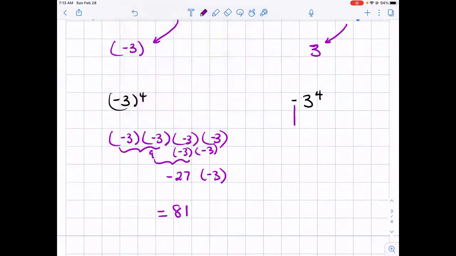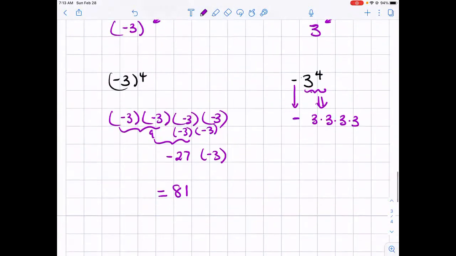So the negative drops down, and then this here means 3 times 3 times 3 times 3. And then we multiply. 3 times 3 is 9. Notice the negative will come down. And then 9 times 3 is 27. And then 27 times 3, so we end up with negative 81.